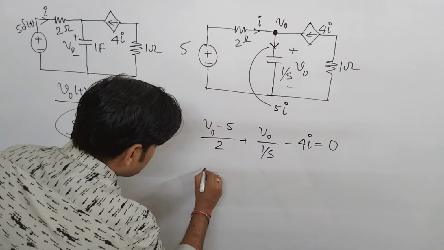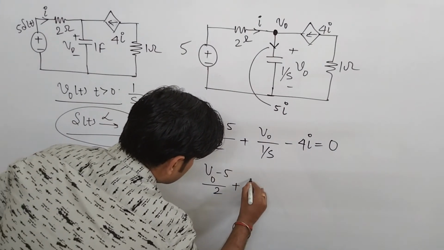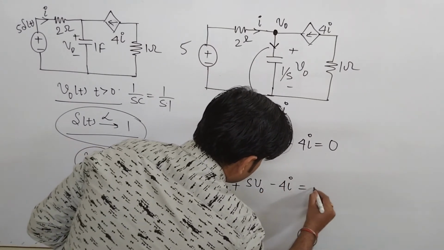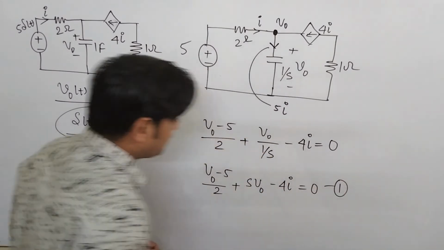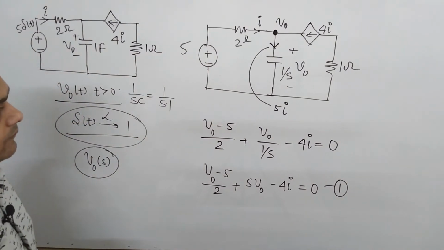So from here it is (V0 minus 5) upon 2 plus sV0 minus 4I is equal to 0. Say this is our equation first.